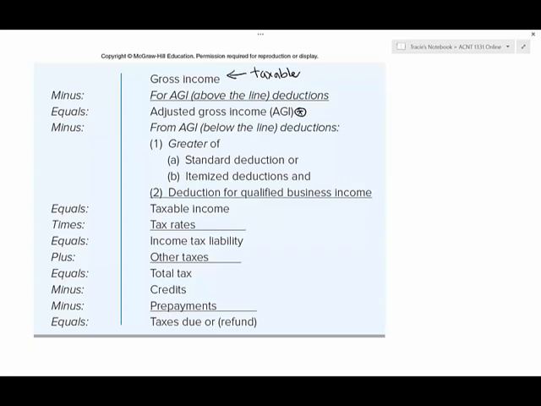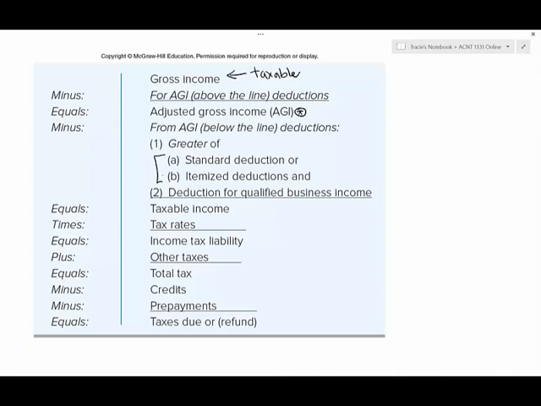After we calculate our adjusted gross income, we'll then subtract our from AGI deductions. These are considered to be below the line deductions. The first below the line deduction is going to be the greater of the standard deduction or the itemized deduction.